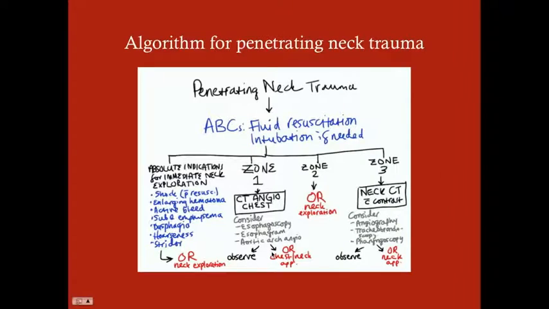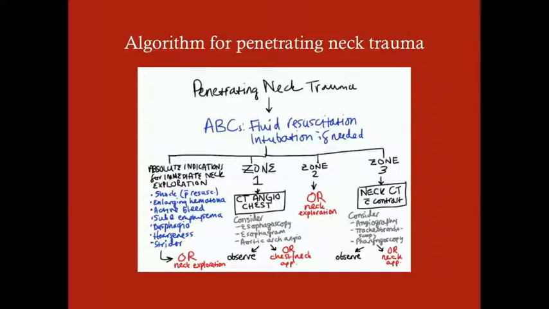Okay. So here's your algorithm. Trying to simplify this down. Hopefully did not make this more complicating for you. So if there's penetrating trauma to the neck, you're attending to your ABCs, fluid resuscitation, intubation, etc., as well as attending to any other emergent problems that might be present.